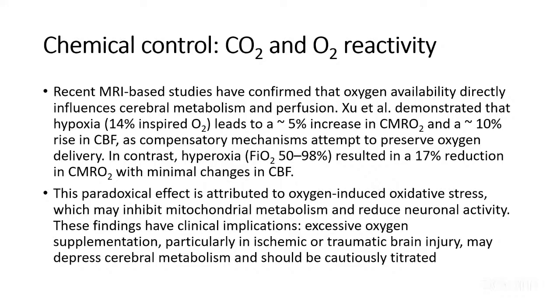This paradoxical effect is attributed to oxygen-induced oxidative stress, which may inhibit mitochondrial metabolism and reduce neuronal activity. These findings have clinical implications: excessive oxygen supplementation, particularly in ischemic or traumatic brain injury, may depress cerebral metabolism. So we have to titrate according to the need.